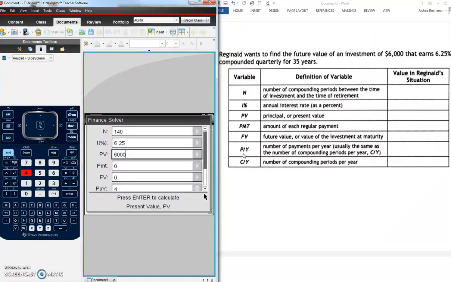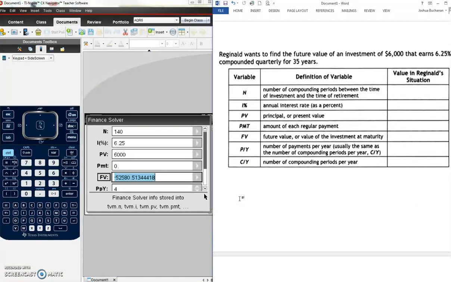And so what we need to do is go down to the future value section of this calculator and hit enter. And here we calculate that this investment after 35 years will be equal to approximately $52,580.51.